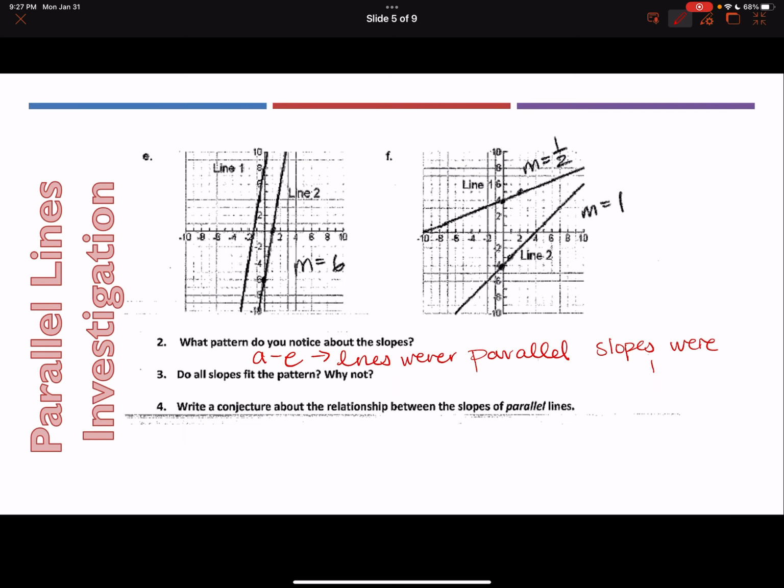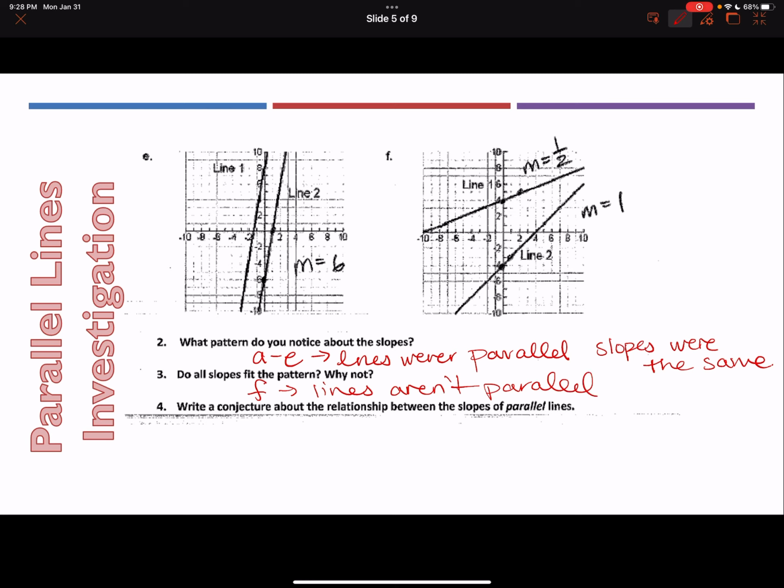And then in F, this one did not fit the pattern, because the lines aren't parallel, so the slopes aren't the same.